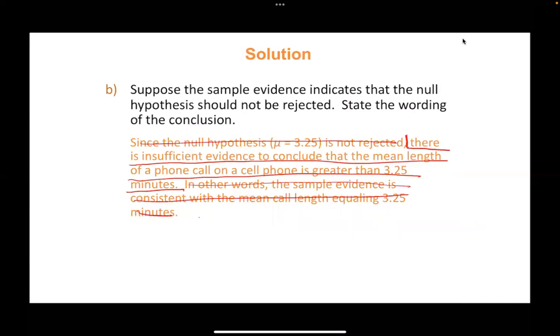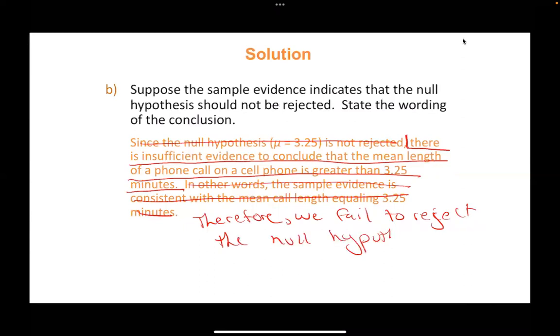I would say, therefore, we fail to reject the null hypothesis. So this stuff right here, and then I would write that.